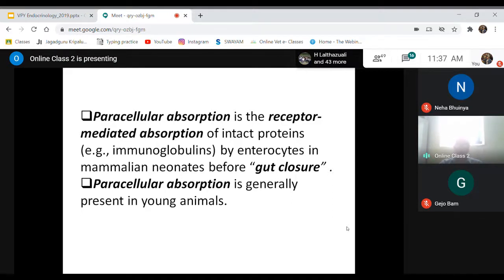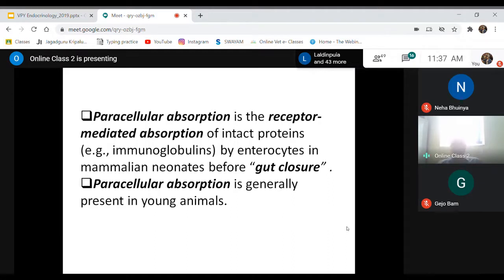And after that, what will happen? They will be digested to amino acids, and in the form of amino acids, they will be absorbed. So remember that paracellular absorption of the end products of protein digestion is present only in young animals, before gut closure, and after that all the absorption will be transcellular.